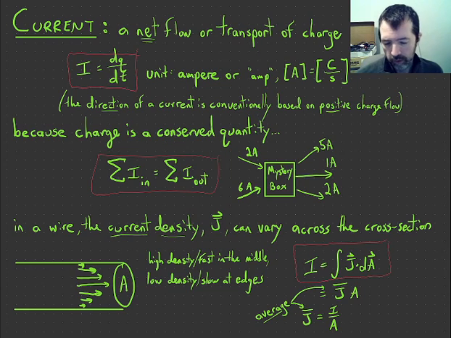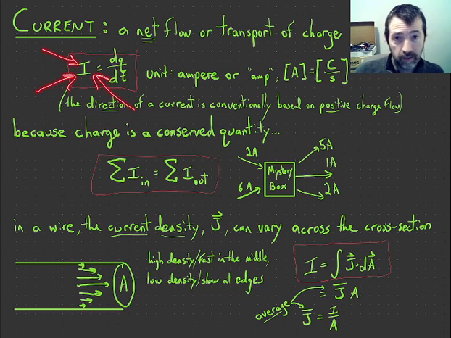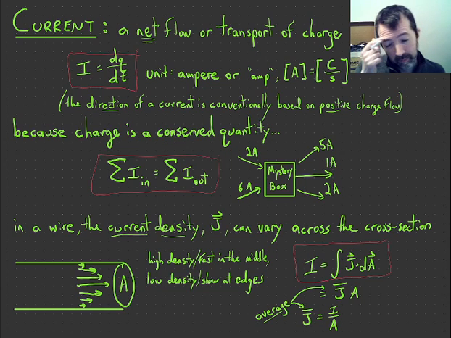The other thing I want to point out is that current density is a vector quantity, but regular current is not. Notice I did not put vector signs on any of these capital I's. That's because it doesn't follow vector addition rules.